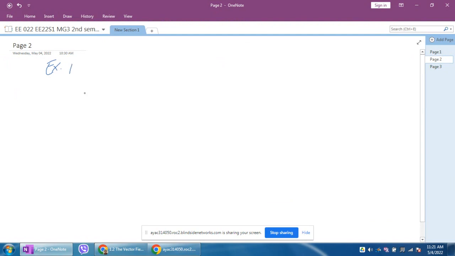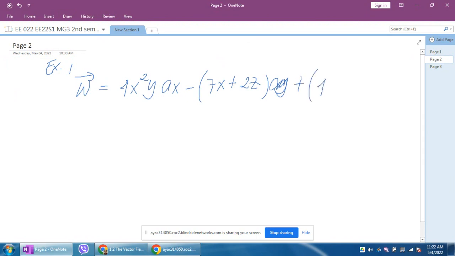So, ang given po na vector field W natin is equal to 4x squared y ax minus quantity 7x plus 2z ay plus I have 4xy plus 2z squared. Okay. Az. Ito po yung vector field.